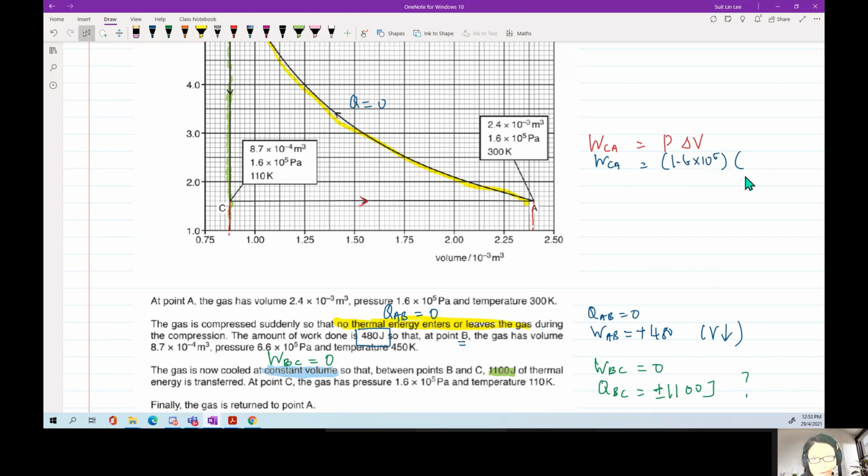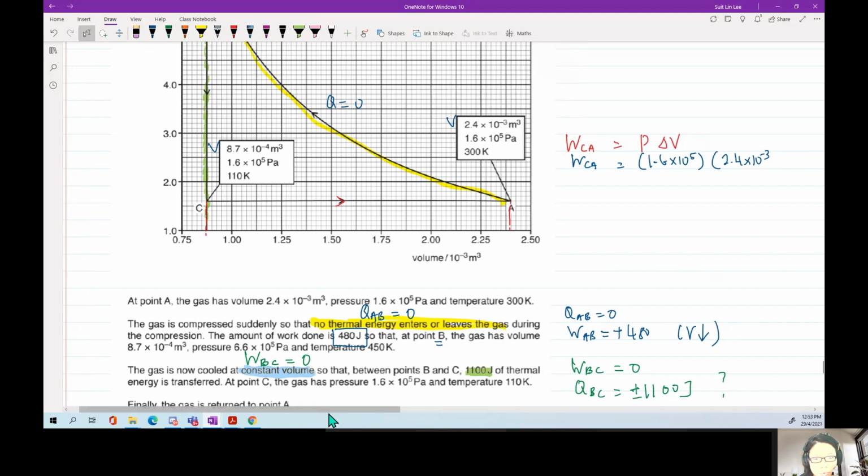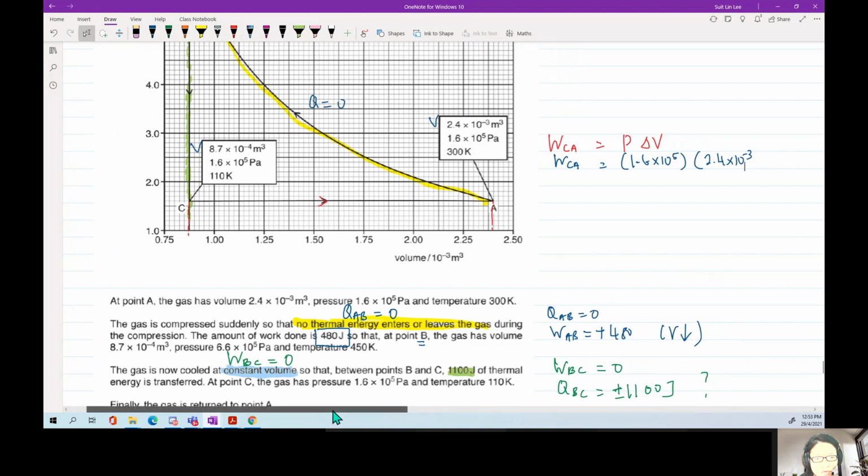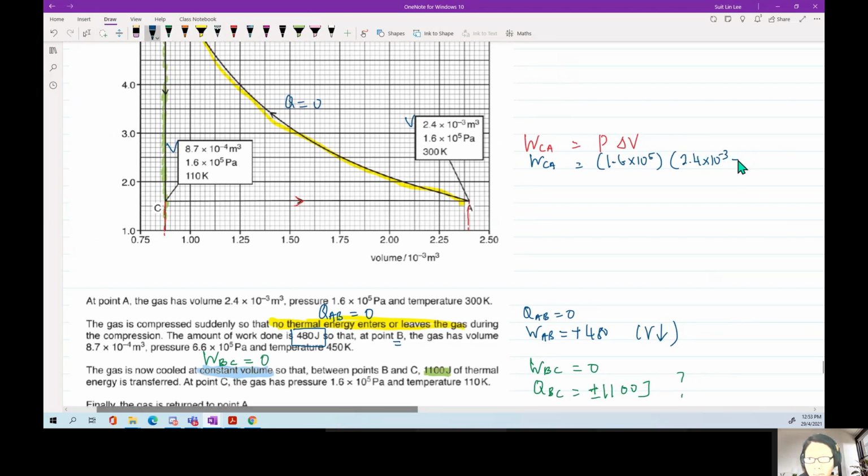Change in volume? See, now you know why I chose the question, I can just take the values. We're going from 2.4 times 10 to the power of negative 3, let me nudge this over so I have more space, minus 8.7 times 10 to the power of negative 4. I pressed the calculator and got 240.